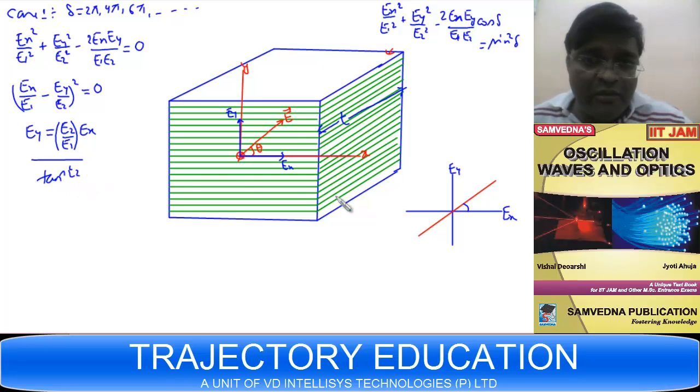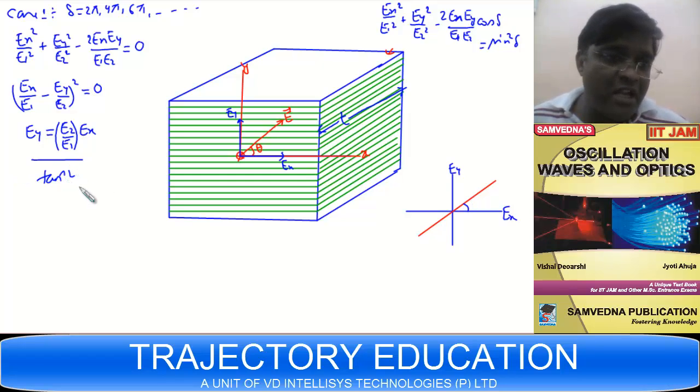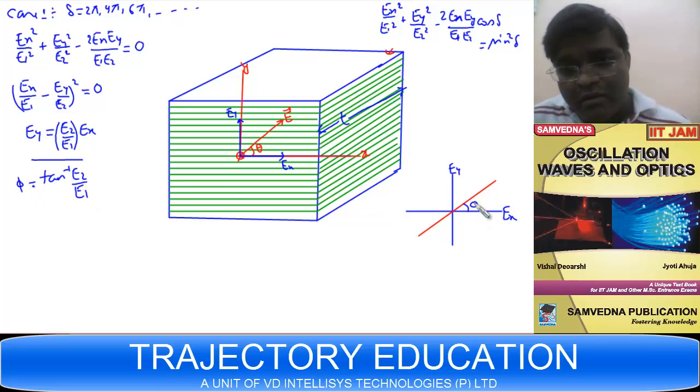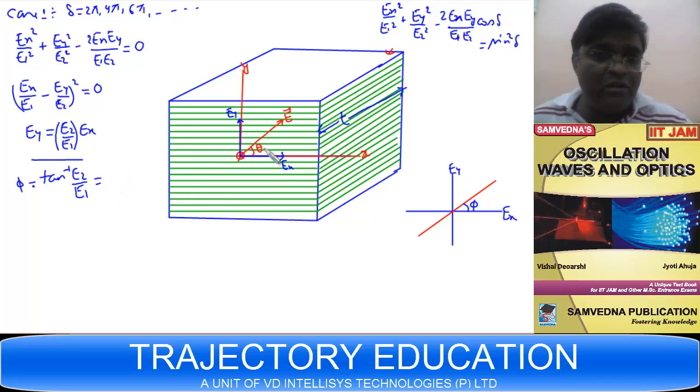And what is tan inverse E2 by E1? Let's suppose this angle is phi, so phi is tan inverse E2 by E1. And what were your E2 and E1?